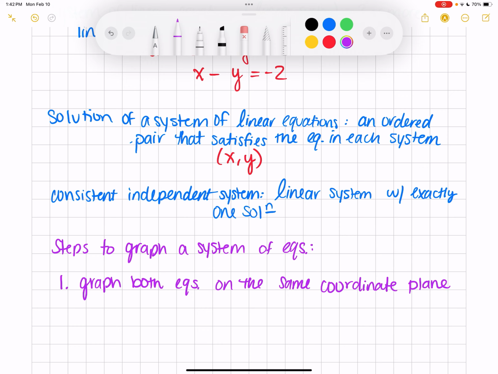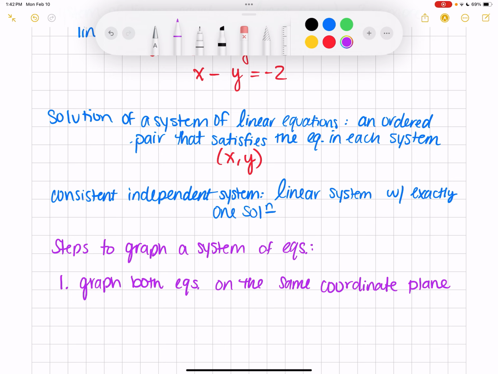Now, if the lines are not already in slope-intercept form, note that intercept form doesn't always work super well when you do these because it can cause issues if the line doesn't extend out as far as you need it to. So if they're not already in slope-intercept form, you first need to put them in slope-intercept form, which some of them they're going to give you already in that.